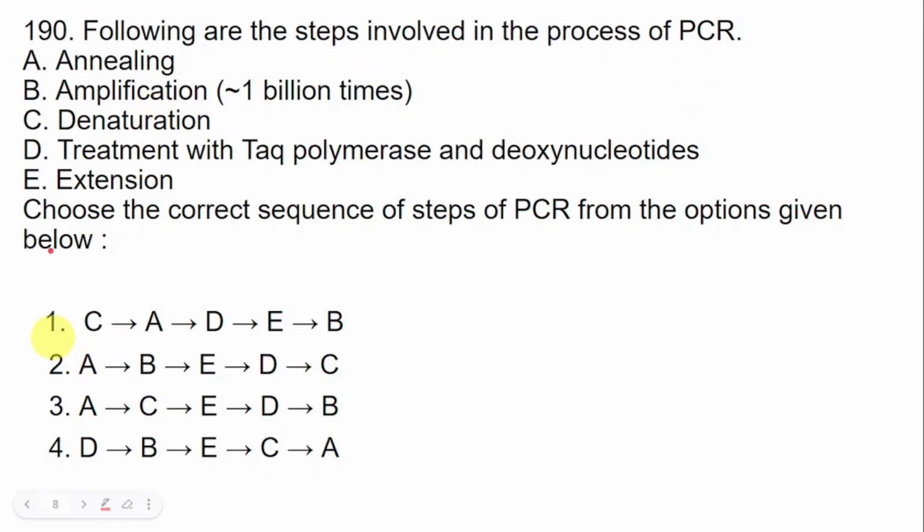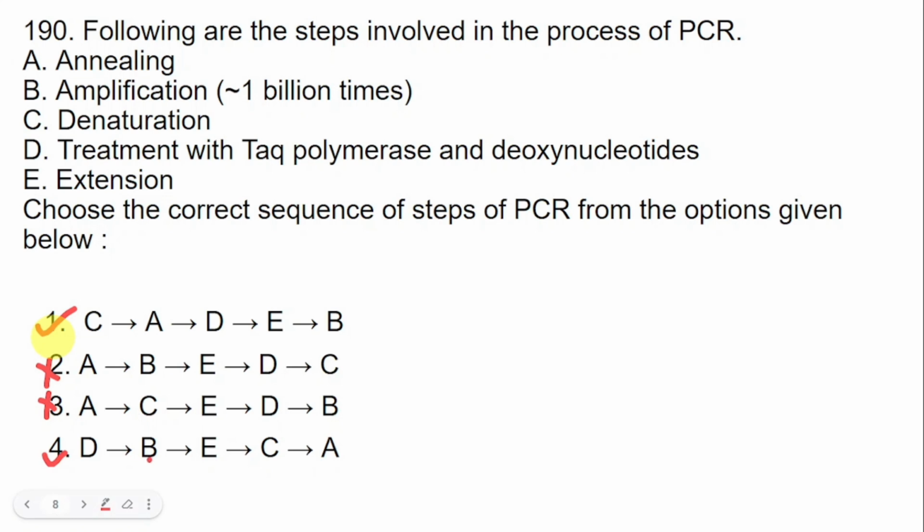So C is C. The other one is A, annealing. Annealing cannot be the first step. And D, treatment with Taq polymerase and deoxyribonucleotides. When we actually do the PCR in the Eppendorf tube, we will have to make the PCR mix first, and then we begin the process. So D can be the answer.